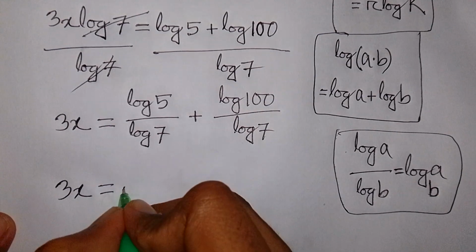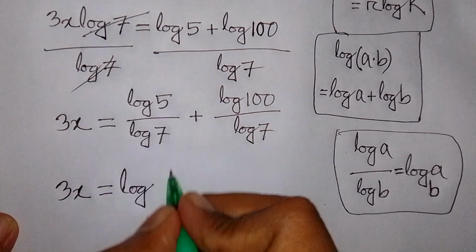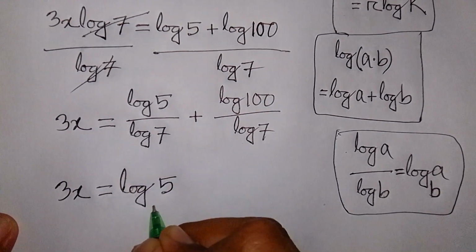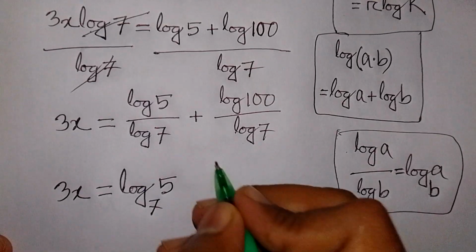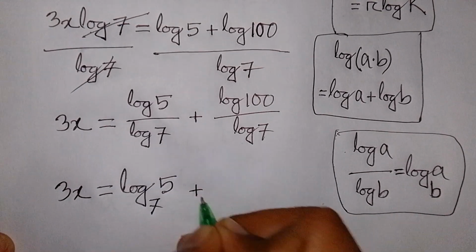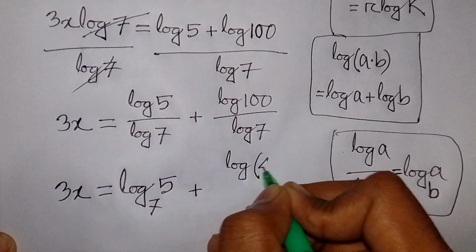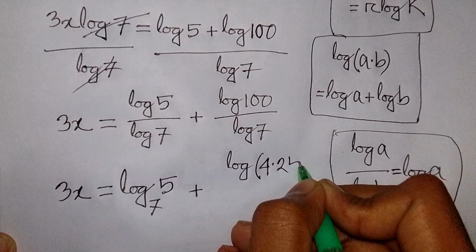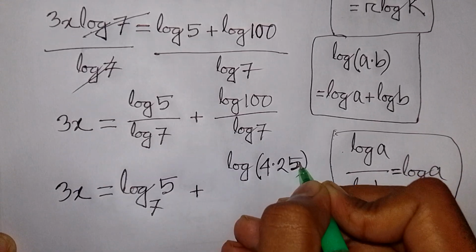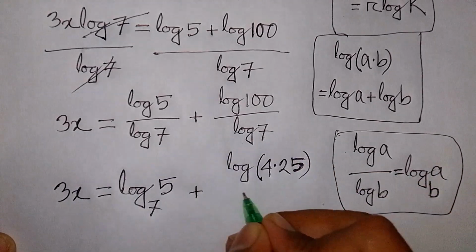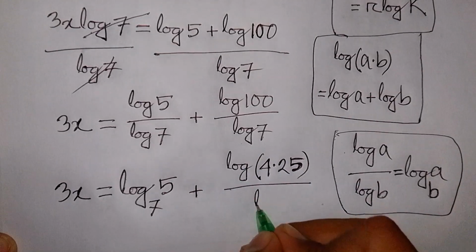So it will be log 5 base 7 plus log 100, which can be written as log of 4 times 25, over log 7.